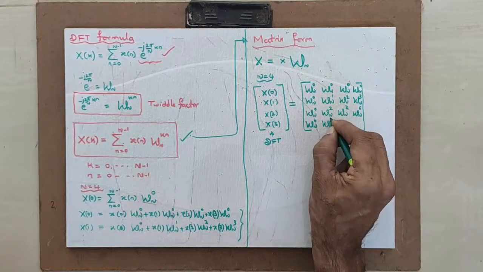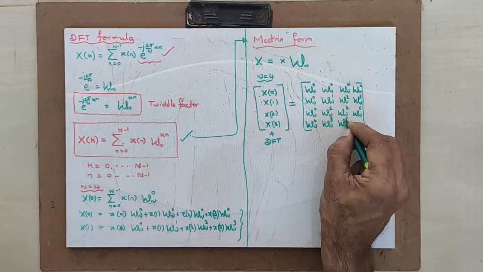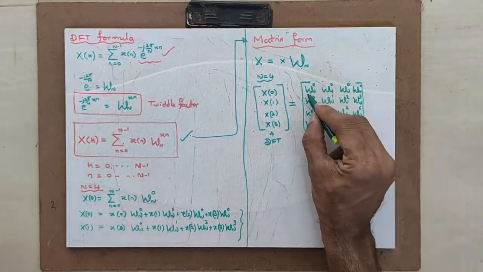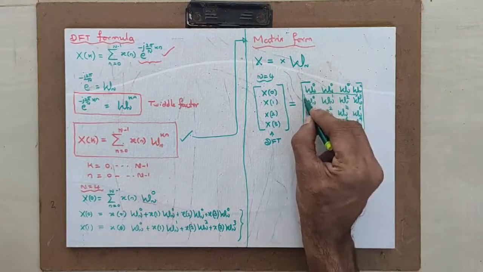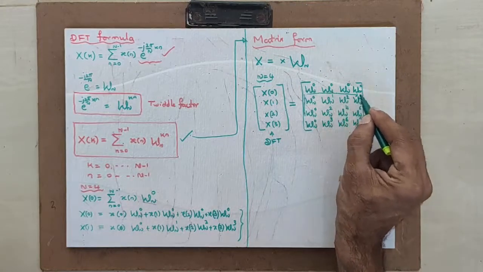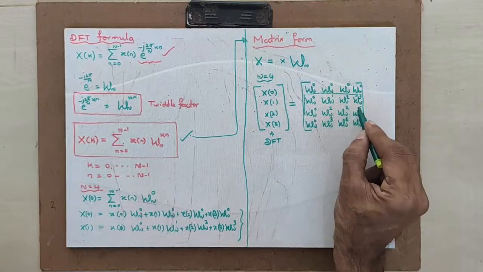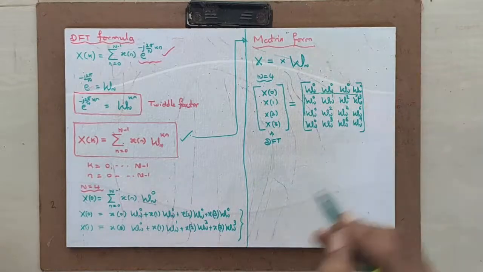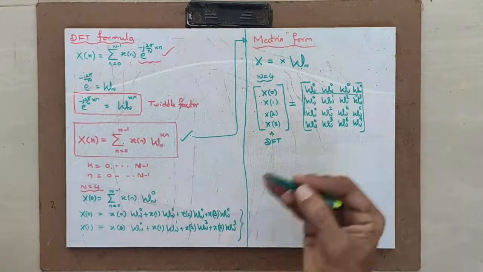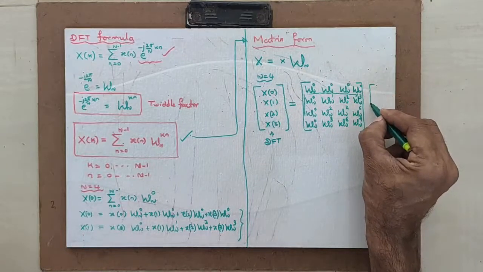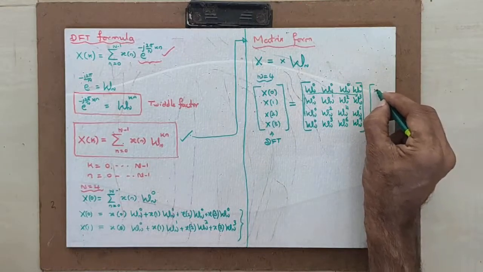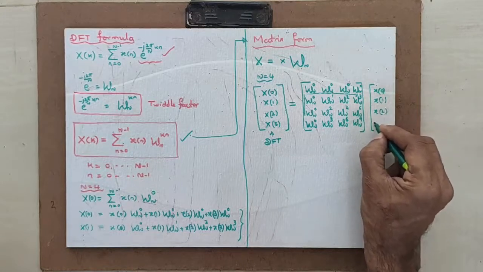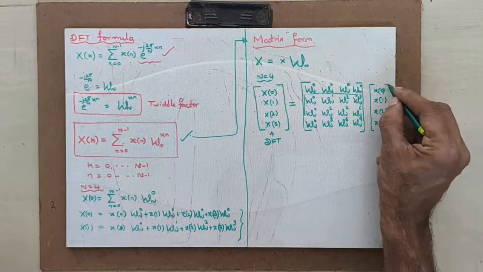Then Wn3, Wn6, Wn9. Now if you see, first very easily fill with Wn0s here as well as here, and then 1, 2, 3, then 2 1, 2 2, 2 3, then 3 1, 3 2, 3 3, like this. For n equal to 8 also you can do like this. And this is the input x0, x1, x2 and x3.